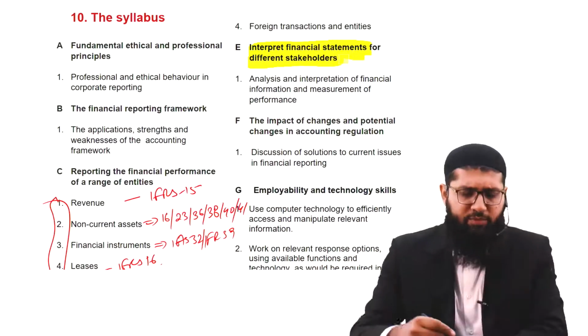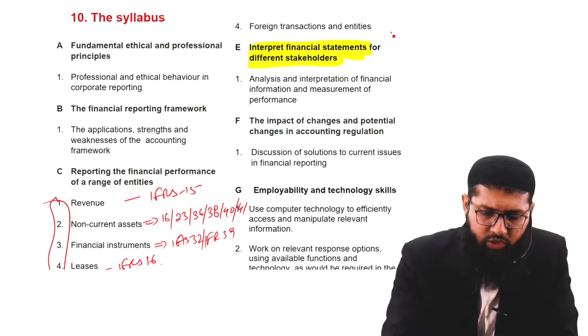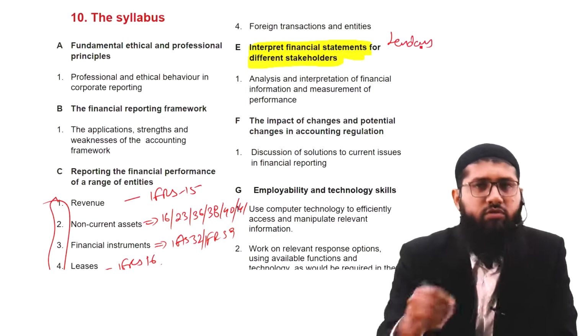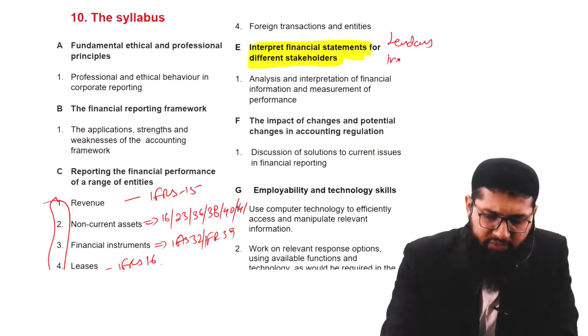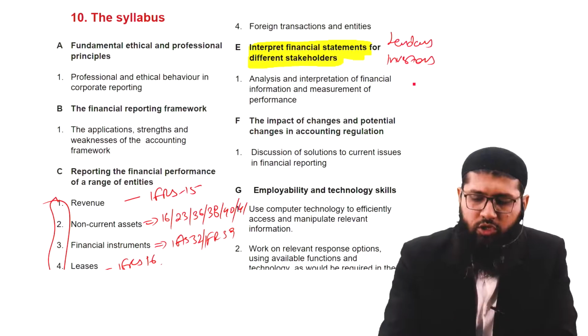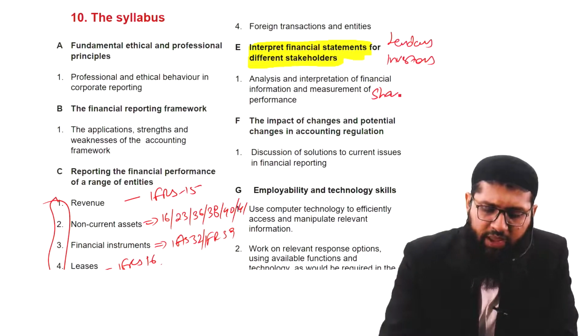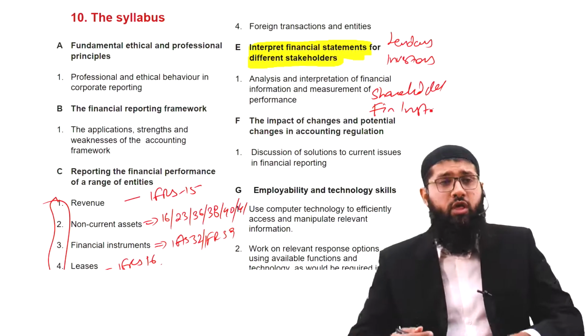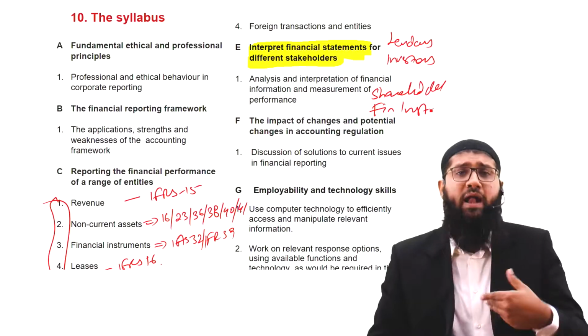What are the different types of stakeholders that you may have? You may have lenders. You may have potential investors. You may have the existing shareholders. Your investors may be some financial institutions. Your investors may be some private equity firm.